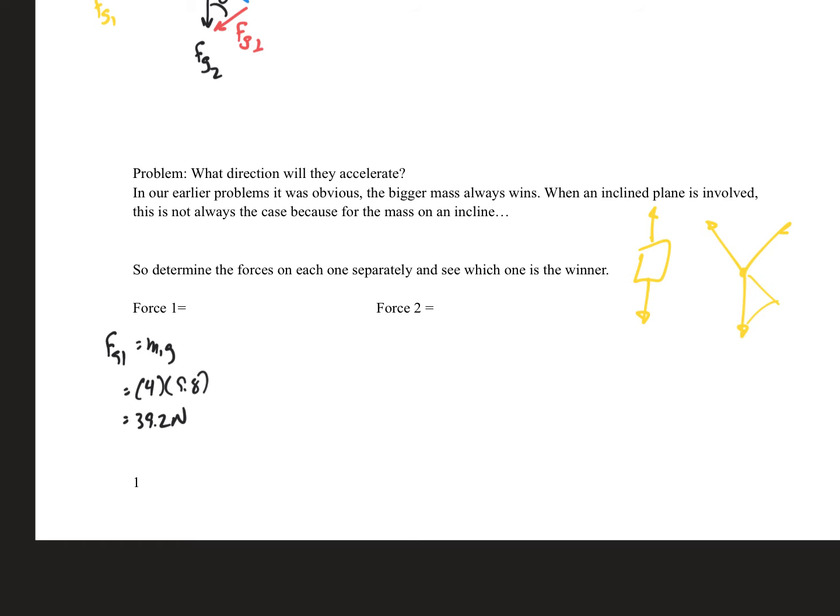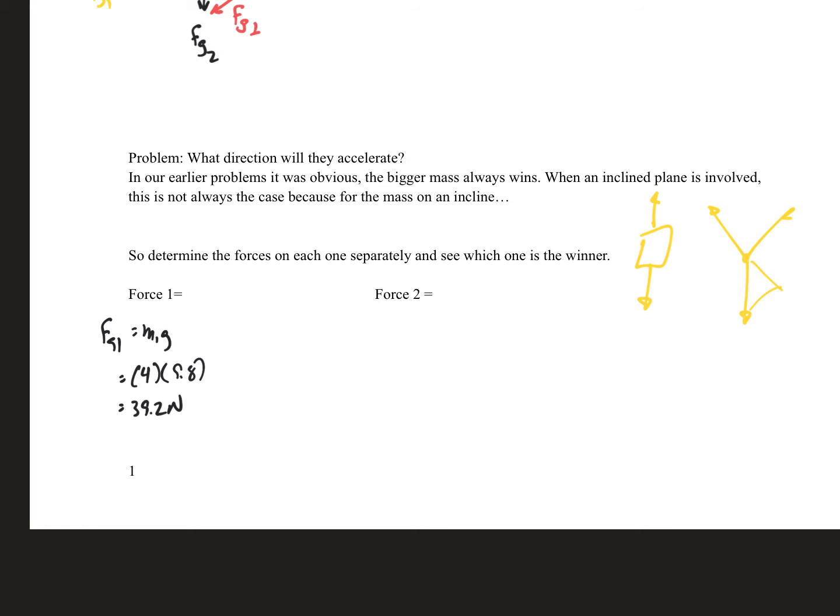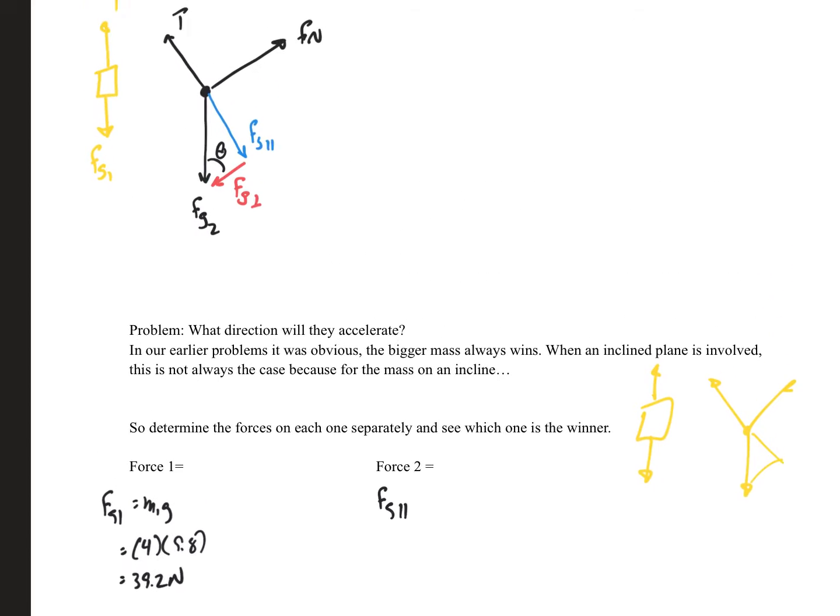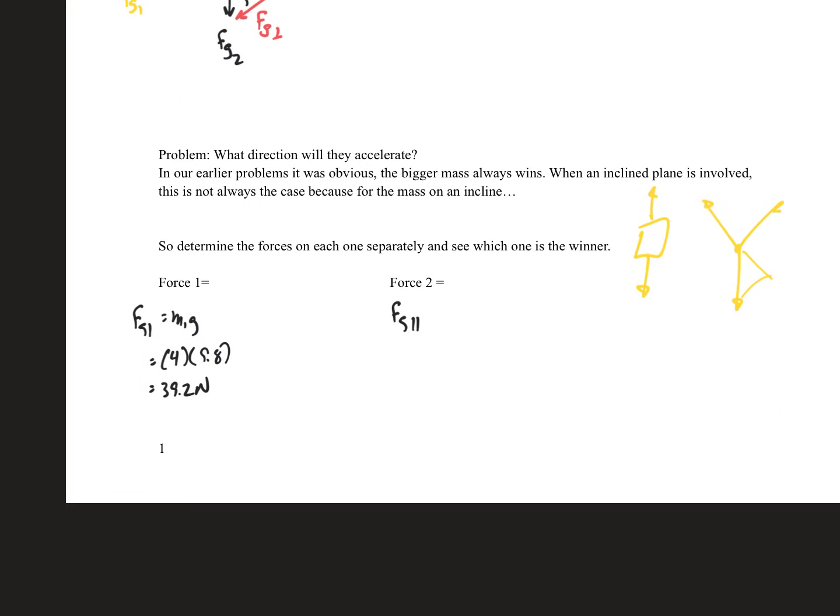Compare that with the force of the other one. FG parallel is the piece pushing down the plane, which is mg sine theta. Plugging in for the second mass, it's 6 times 9.8 times sine 30, which gives me 29.4 newtons.